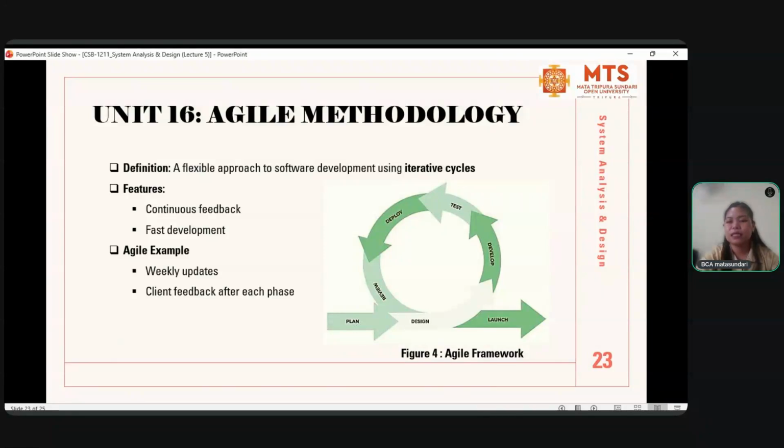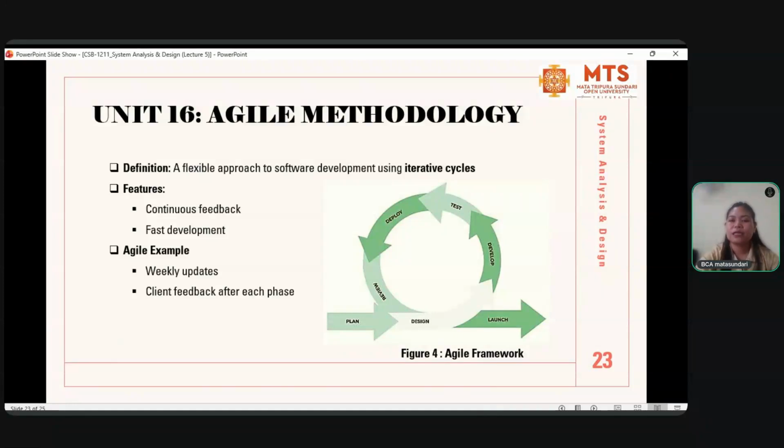In this framework of agile methodology, first we plan, then design, then develop, then test, then deploy, then review, then launch. This is the cycle, it will go on from here. There will be a feedback session after each phase.